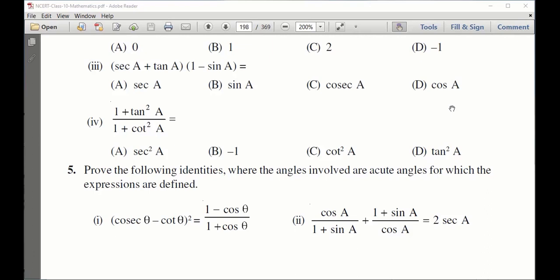So it becomes sine square by cos square, so it will be tan square A. Good. Tan square A is correct. Good, Nikhil. Tanishka, yes. So tan square A is the right answer.